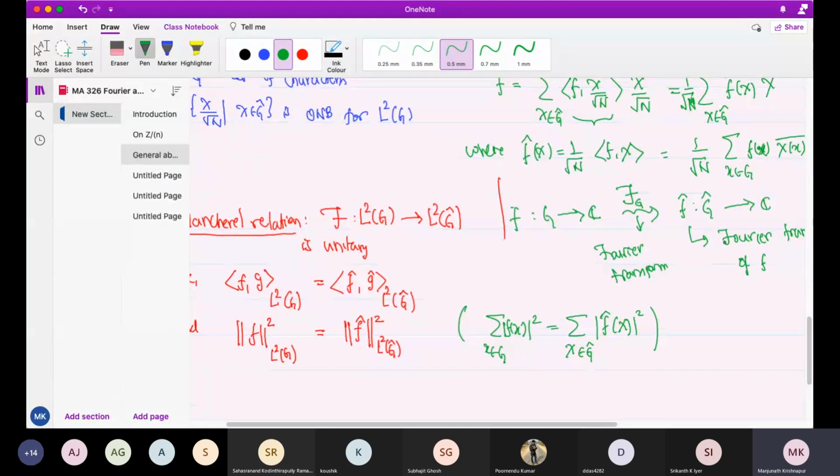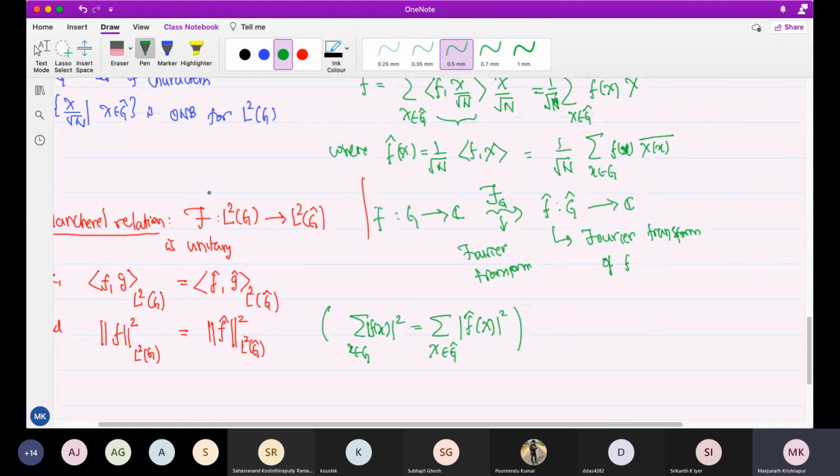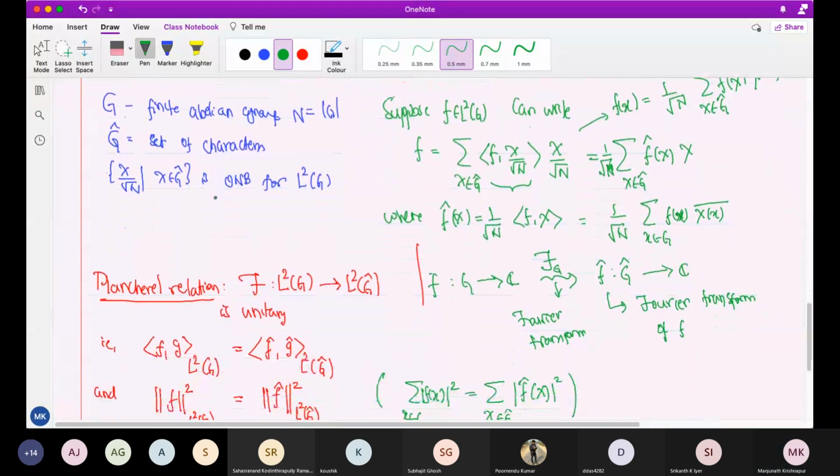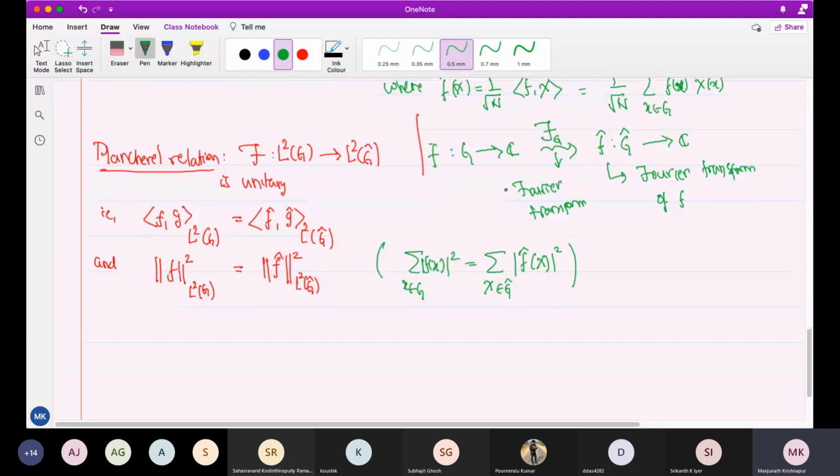Whether G hat is in bijection with G, whether they have the same number of elements, and whether there is a natural bijection between G and G hat: in general, actually no. So we'll leave it like that. We'll write f hat of a character, but when we do Z mod n, we will abuse notation and write f hat of k. What structure G hat has and so on, I will come to next time.